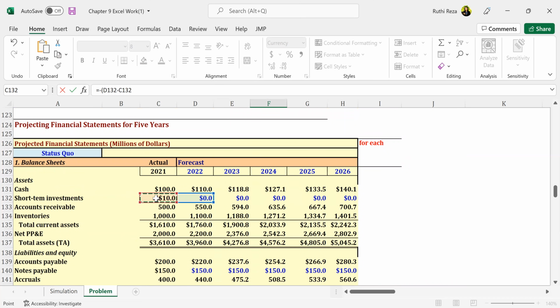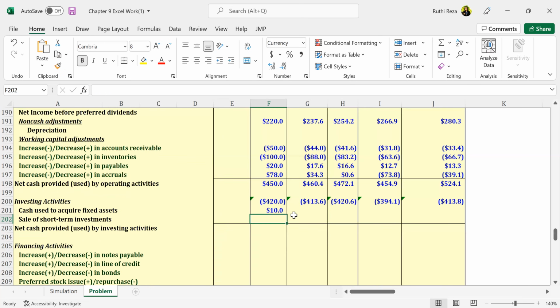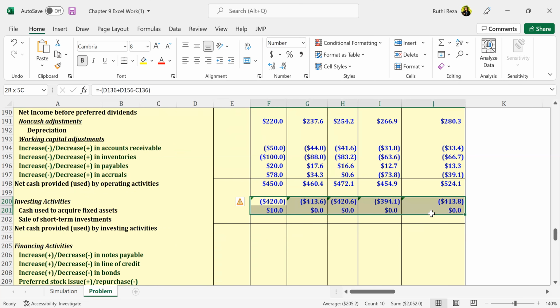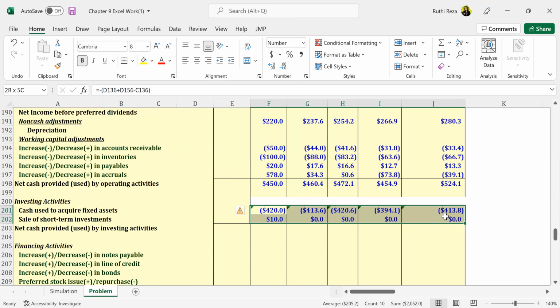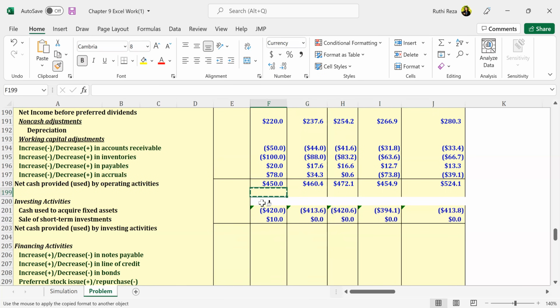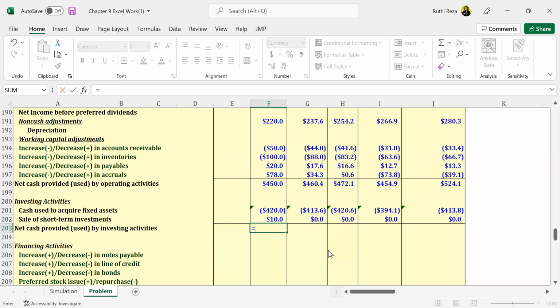So you can see here, your short-term investment actually reduced from 10 to 0. So in this case, we are going to consider it as positive, as you can see here. All right. Then sum them up.